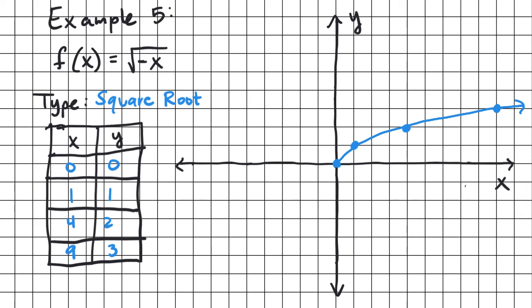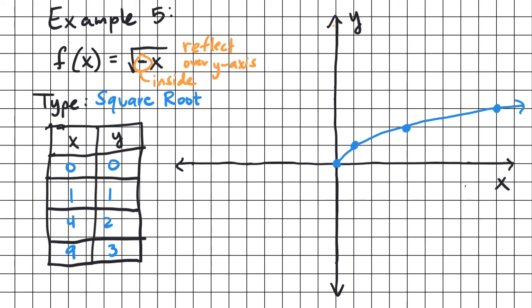Okay. All right, and then here, where is the negative? Oh, sorry, let me use orange. The negative is inside. So that means it's going to reflect over the y-axis.